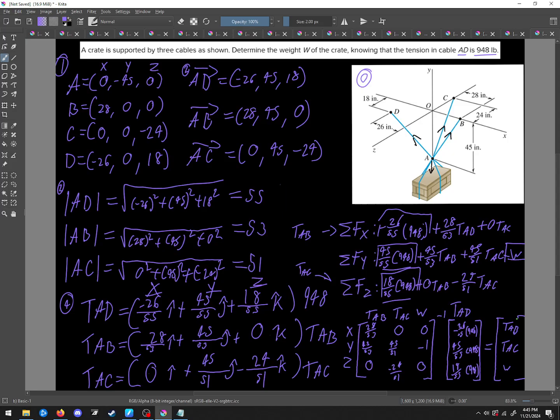TAC is 659, which is also correct. But my W, something didn't seem right to me about that. I'm gonna see if that math added up. 1855. Yeah, that does look right.